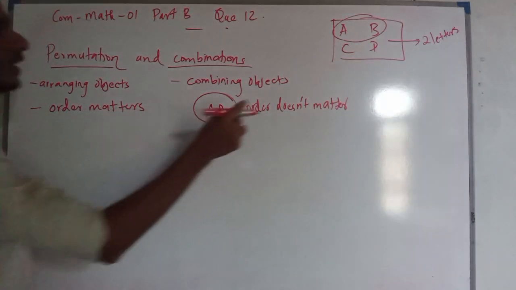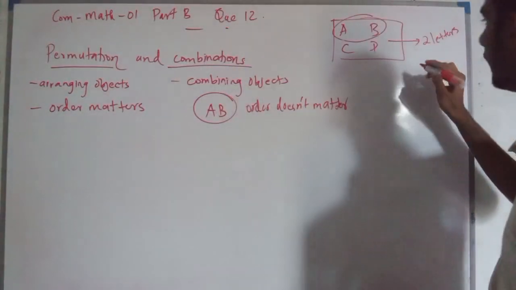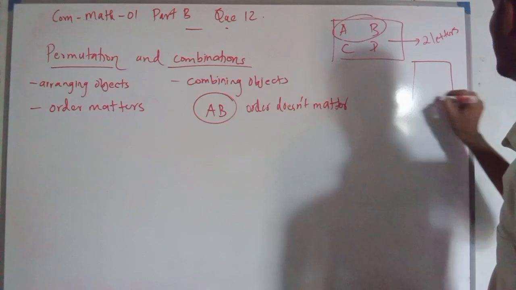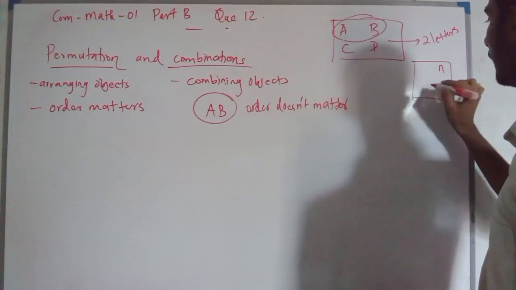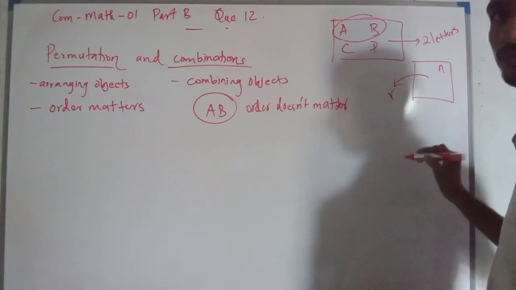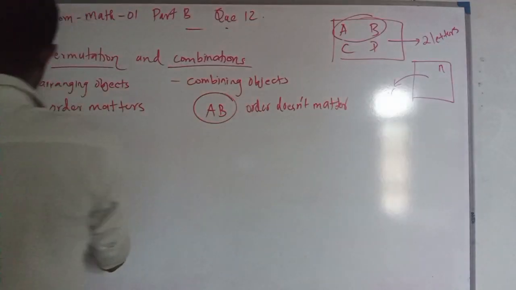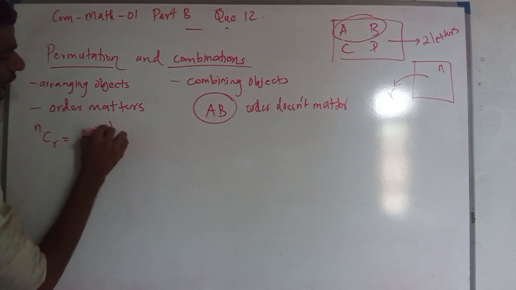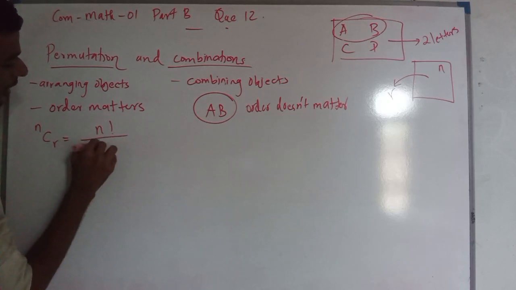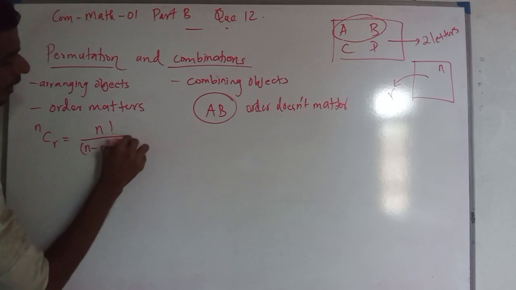Then nCr is equal to n factorial over (n minus r) factorial into r factorial.